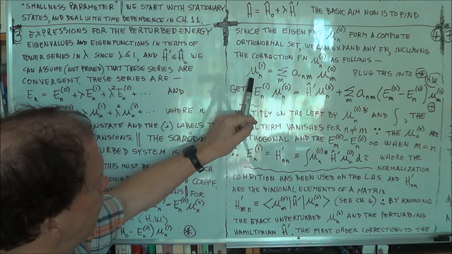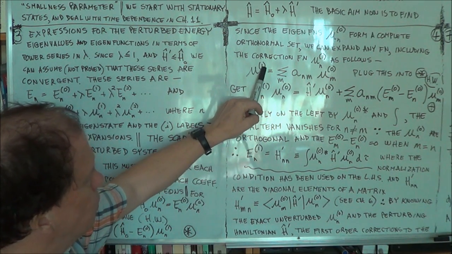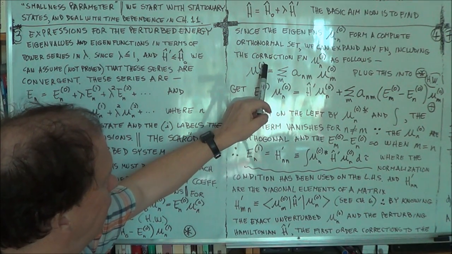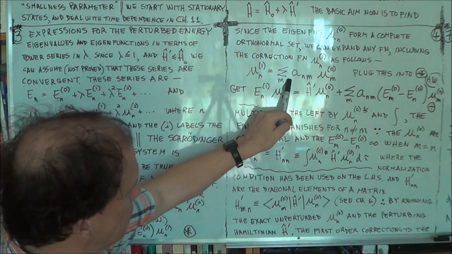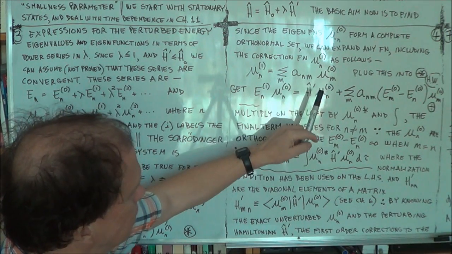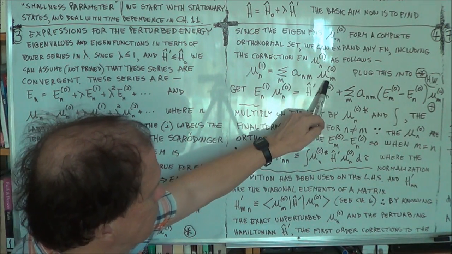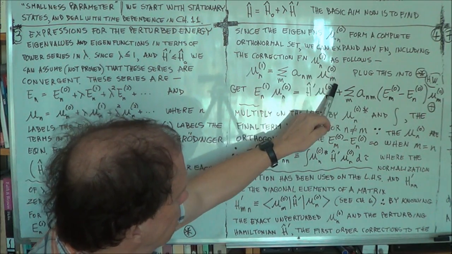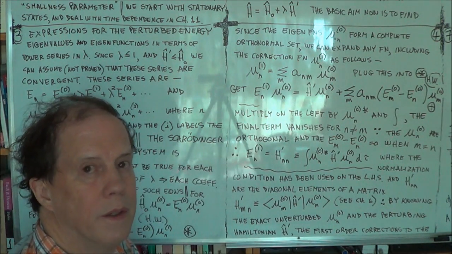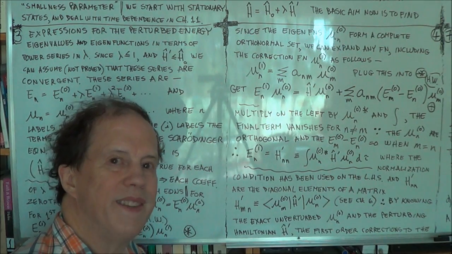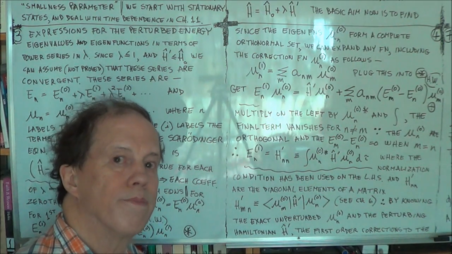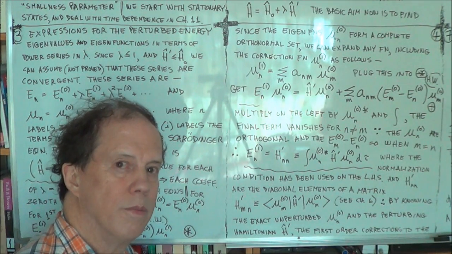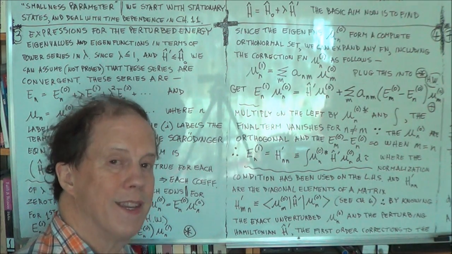So we now have the first order correction of the eigenfunctions un1 in terms of a series of constants times the eigenfunctions 0. Now we know these. They are from your basic problem, the system that you started with, that you assume has exact solutions.